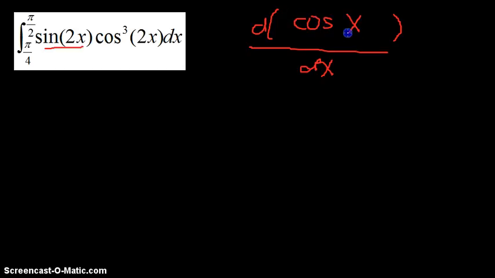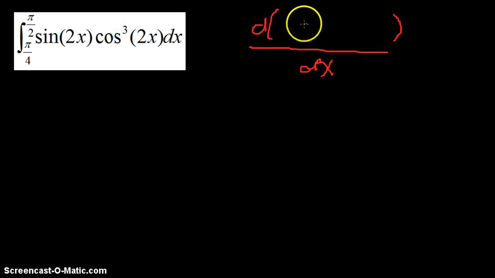Or my other choice would be, in order to get something that has a cosine, I must have something with a sine here. If you gave those two a thought, that's good. But here I'm going to go with the one with the higher power, and you guys will see why.